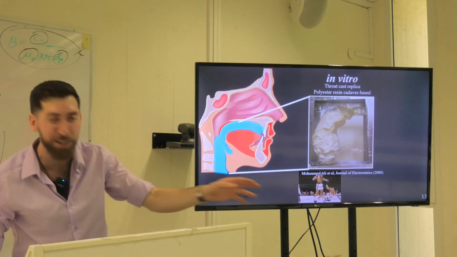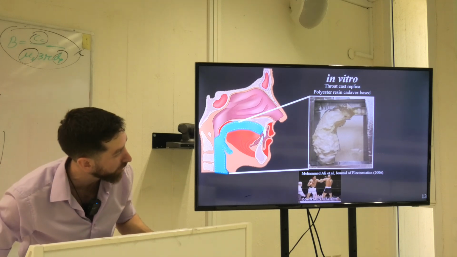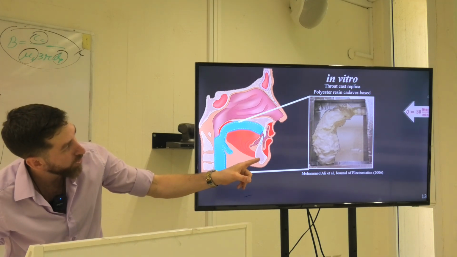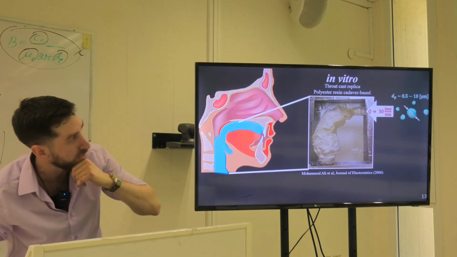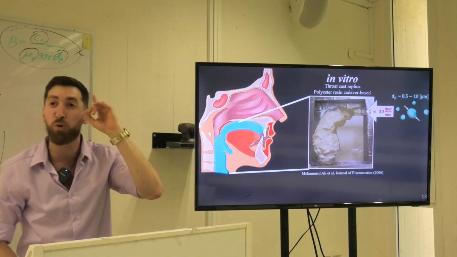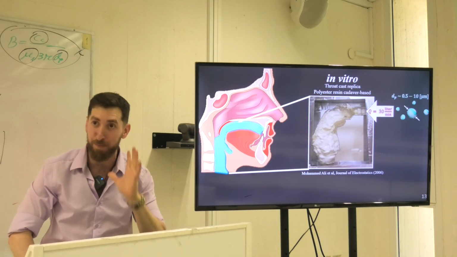This is Muhammad Ali. I don't know if this is the same guy. Maybe he has a 60 years crisis and wants to do electrostatics in the lungs. But he did an in vitro study. He exposed 30 liters per minute with different sizes, and he saw that because of electrostatics, he had three times more deposition in the upper airway. So this is a dramatic effect.